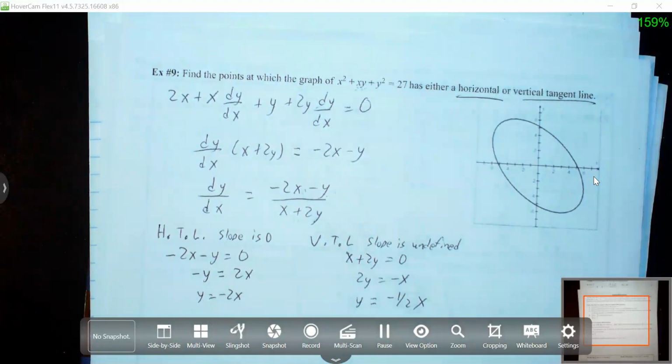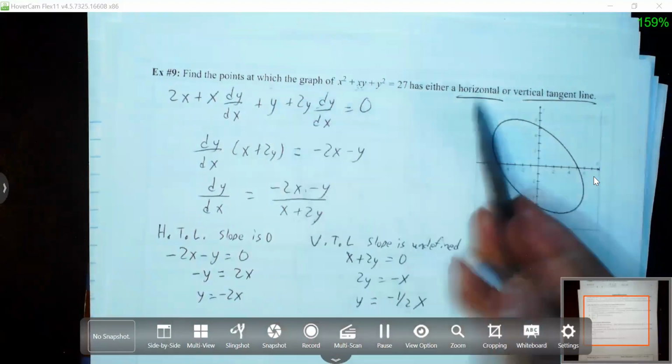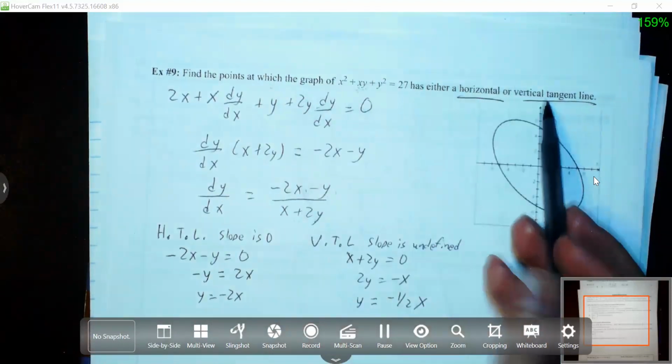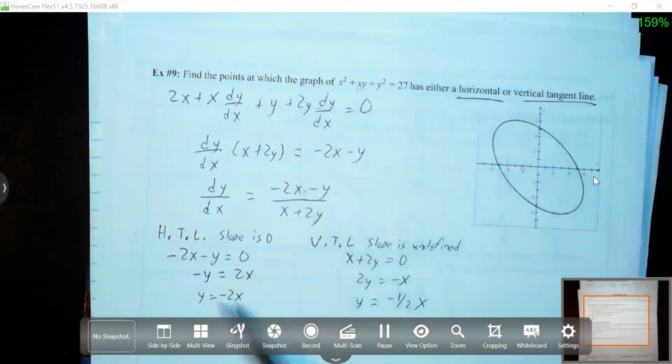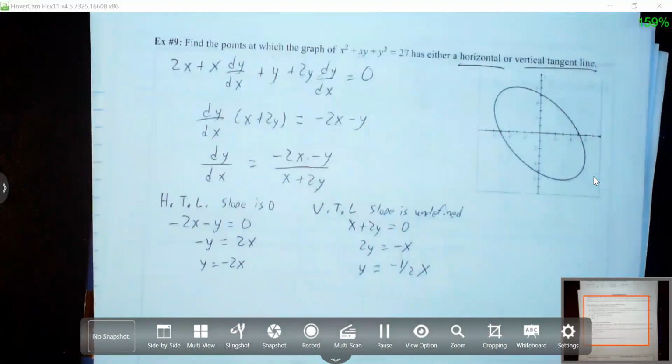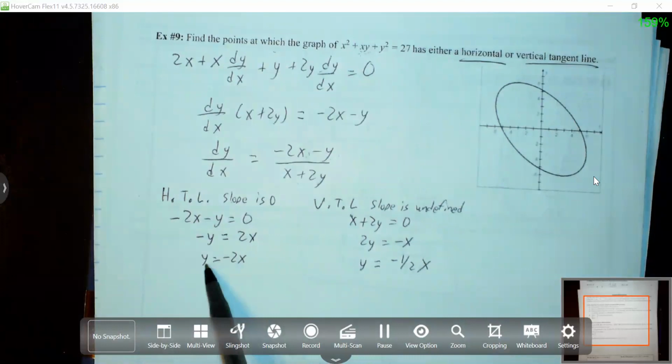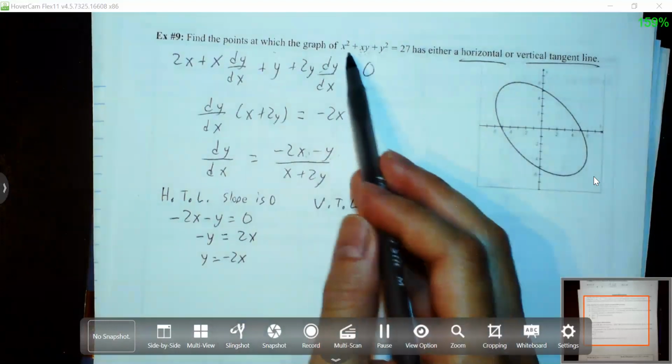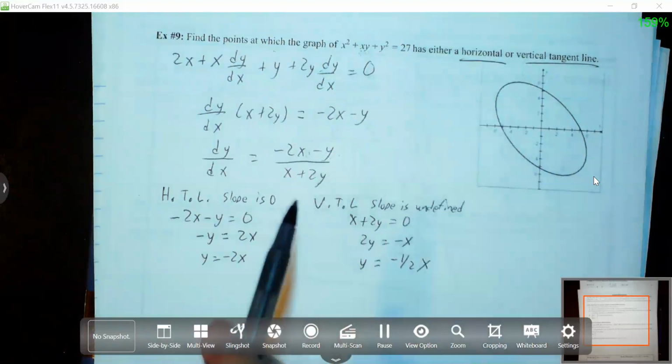Okay. So I still don't know the points though at where they have a horizontal or vertical tangent line. I just know that this is the relationship between y and x. So how do I find what the actual points are? Well, what I'm going to do is I need to get this equation here in terms of one variable.